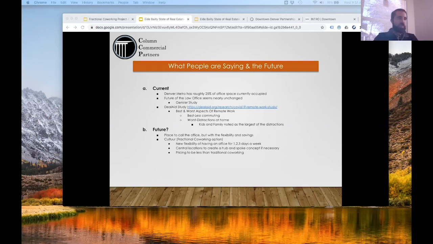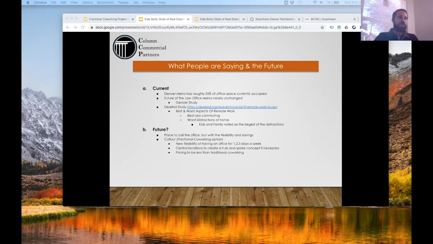But a couple surveys that have been performed that I want to touch on, according to Castle Systems, and Castle Systems provides access control technology, or key fobs, for their clients. So this survey came and is based on access card data entry. Denver had about 25% of the office space currently occupied as of the middle of this month.